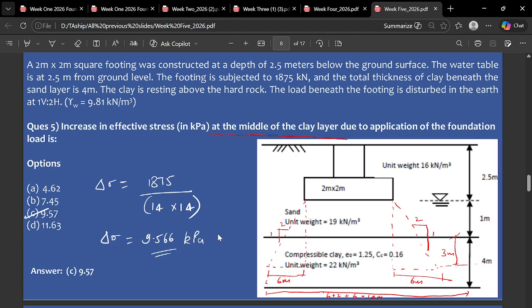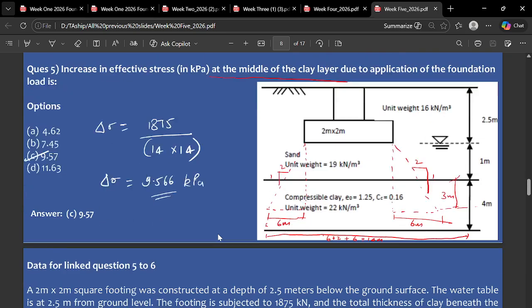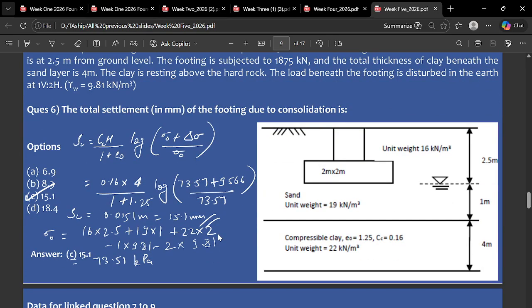That's how you can calculate the change in the effective stress, and then you can utilize the same formula which gives you the total settlement due to consolidation. So that's how you can utilize those formulas to calculate the settlement for a soil layer located at a certain depth. So this is your total settlement of the footing.